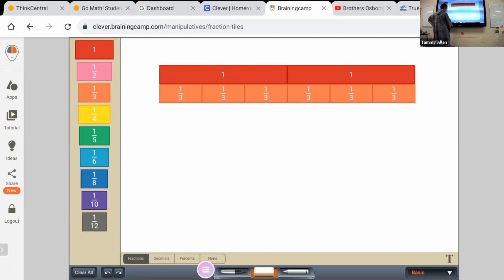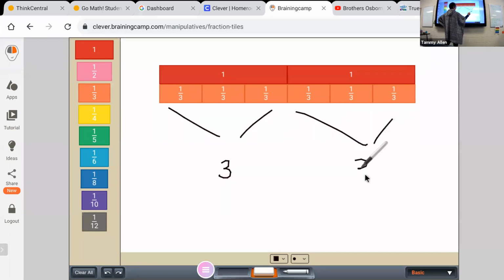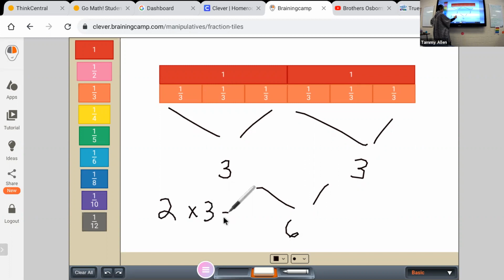So again, we can show that there were 3 of them there, 3 of them there for a total of 6. Or twice, we had 3 for a total of 6.